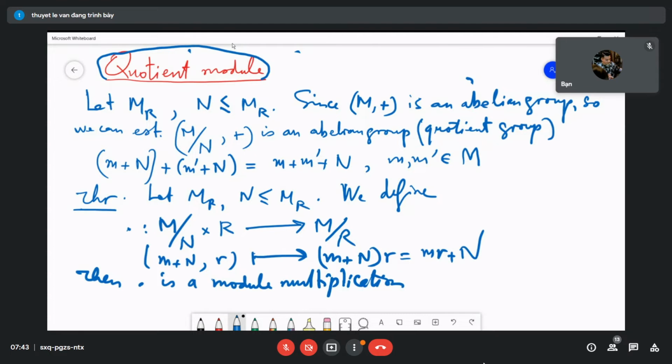Okay, so I establish a new operation here, and from the multiplication here, we have that M over N is a right R-module. Okay, we can prove it easily.